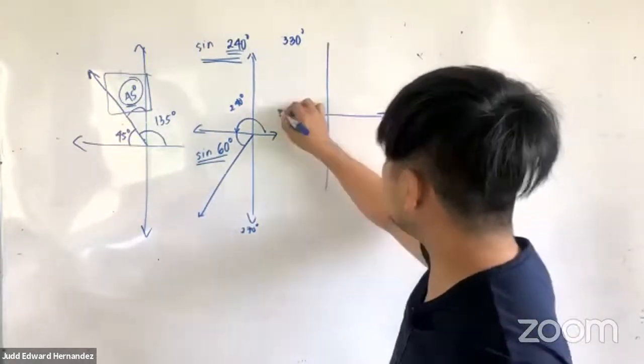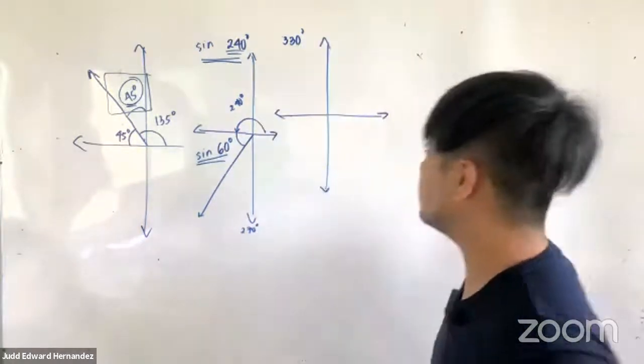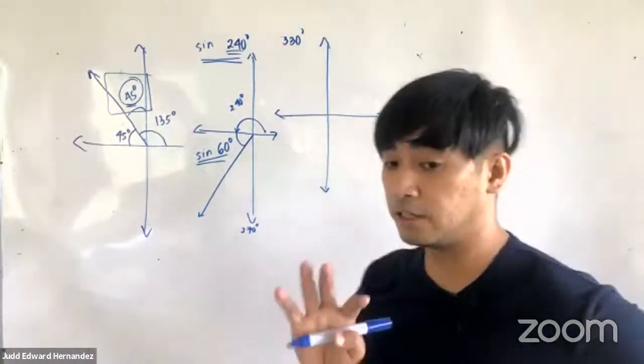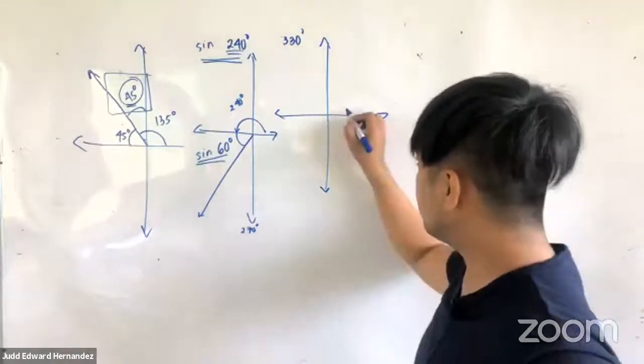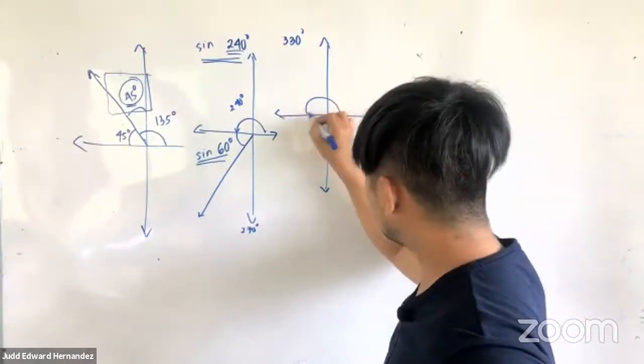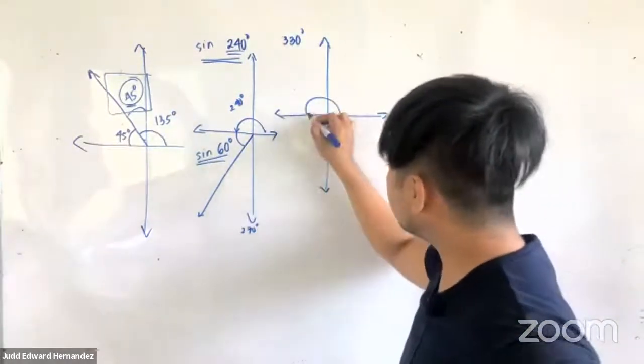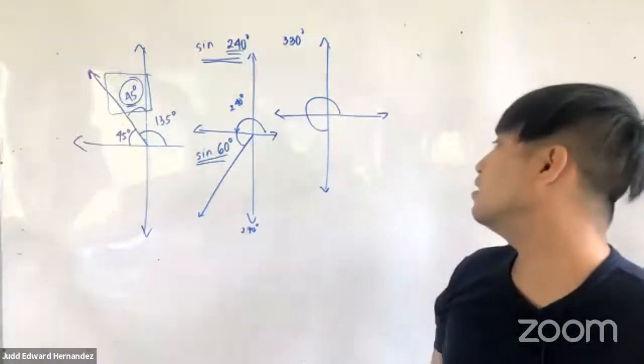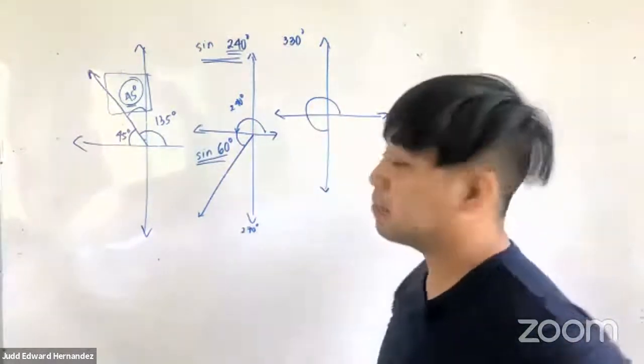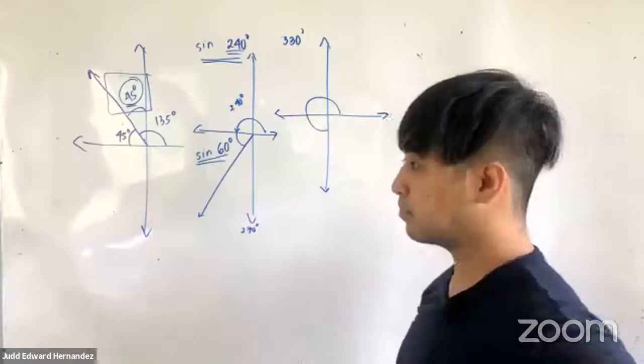Okay. So since this is now 330 degrees, we all know that this is positive. Angat 180, angat 270. So, ilan yung kailangan ni 270 para maging 330?